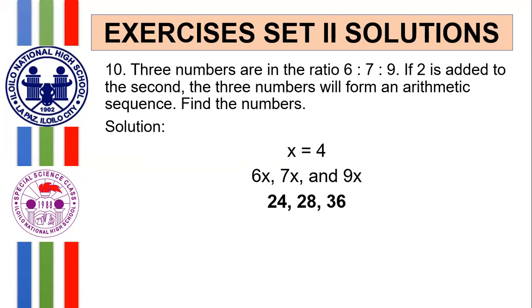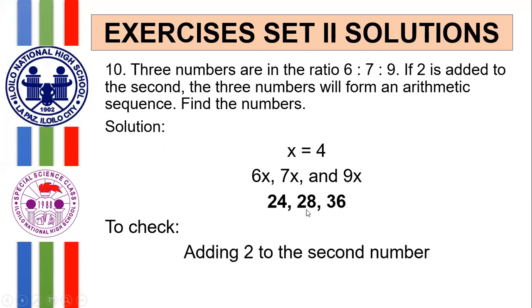All right? And remember, this is not an arithmetic sequence, right? But if we would check, if we will add 2 to the second number, this 28 here will become 30, and the rest are still the same. So you will arrive to the new sequence 24, 30, 36.